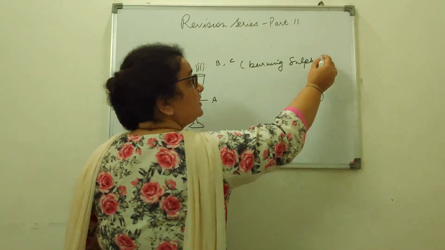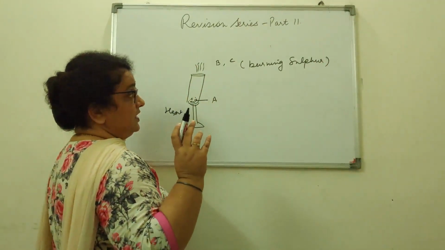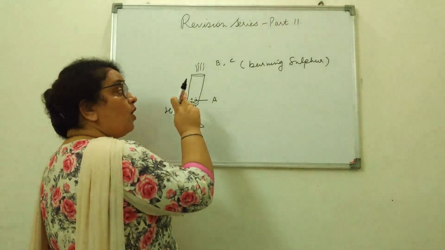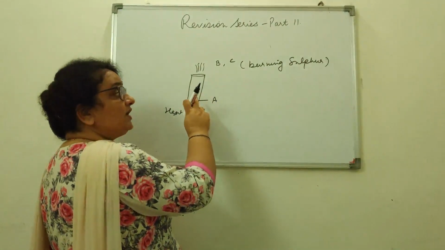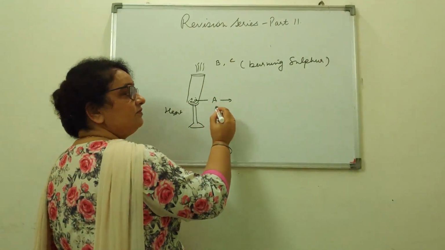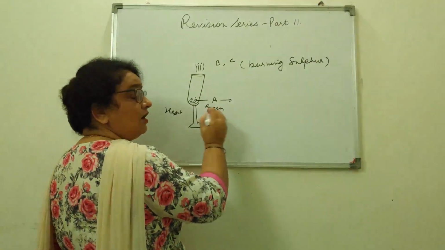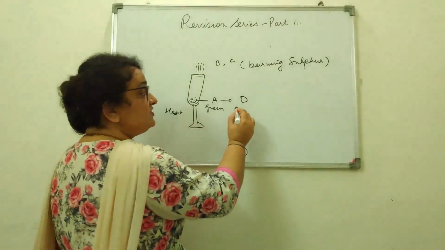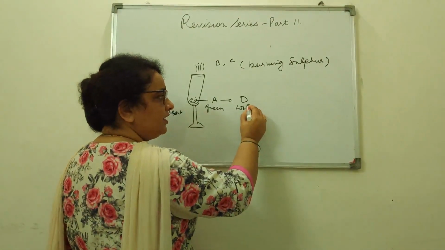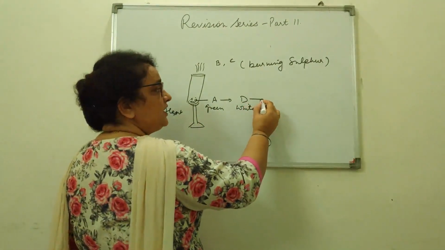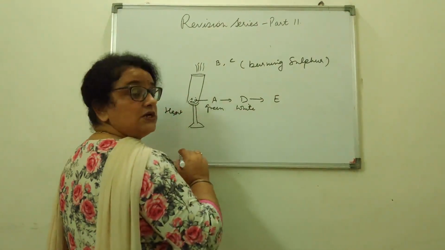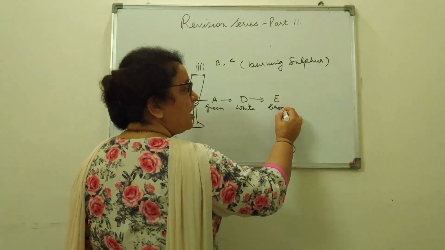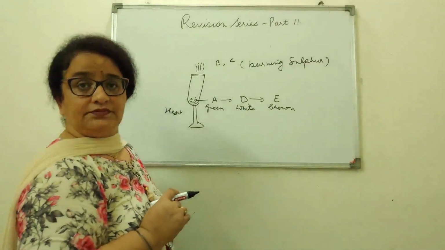Keep noting down the clues. Then on heating A, you get a salt. This color is green. On heating it, you get D, which is white in color. And on further heating, you get a compound E, which is brown in color.